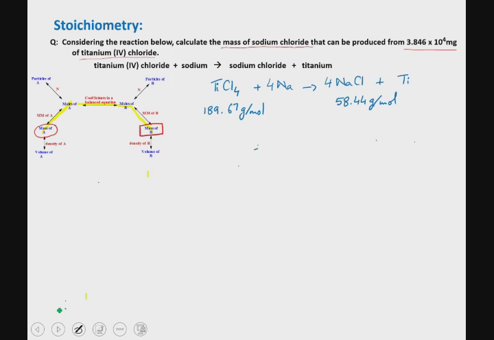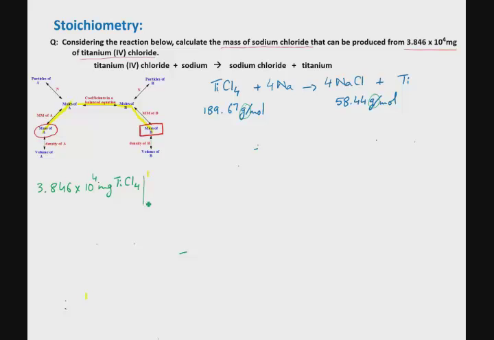Always start with what's given, the data given that needs to be converted. So in this case, that would be 3.846 times 10 raised to 4 milligrams of TiCl4. Now, as always, I encourage you to not get lazy about writing out the units and the label of the substance completely, so you do not get confused as to which substance the amounts belong to. Okay, now the mass of TiCl4 is given in milligrams, but if you remember, molar masses are always in units of grams.